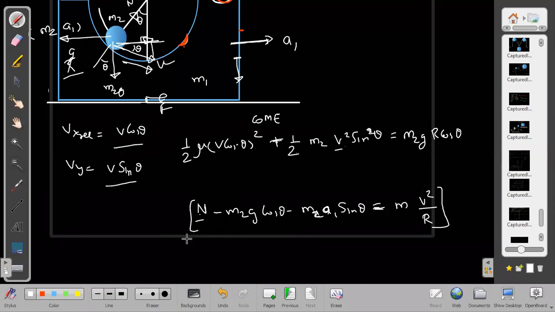Wait a second. What will be the equation for the combined system along horizontal?